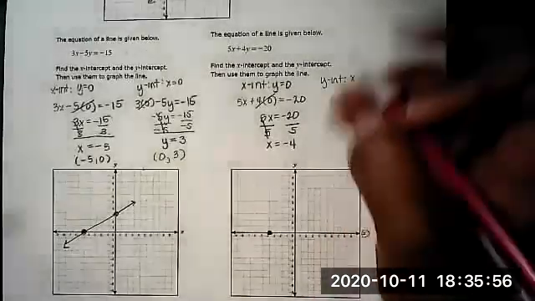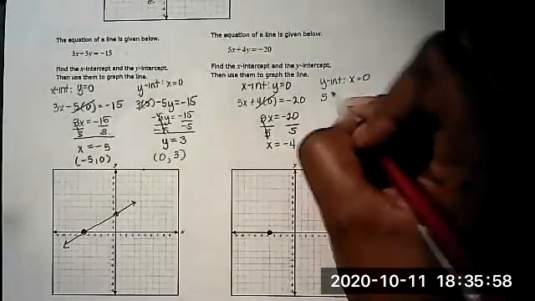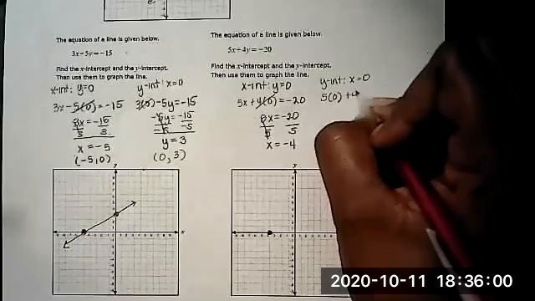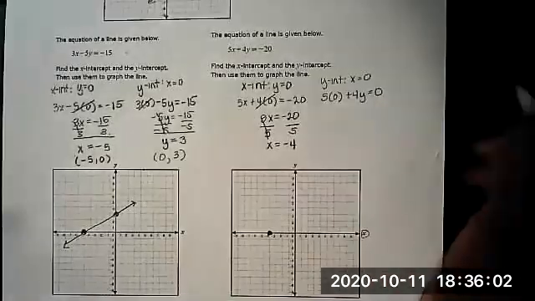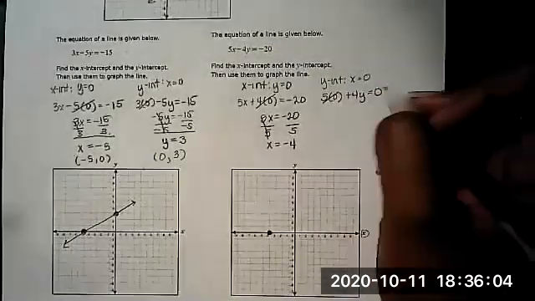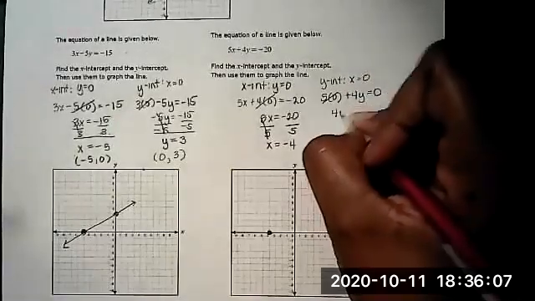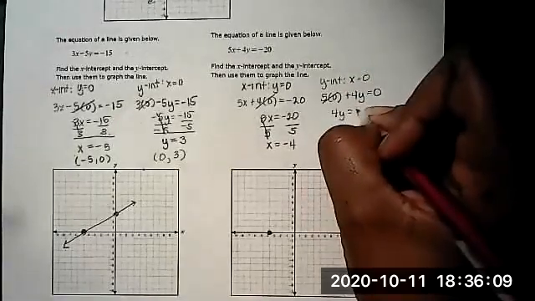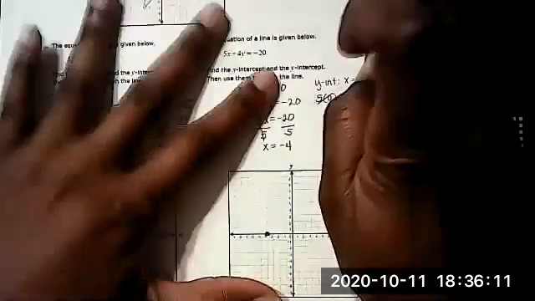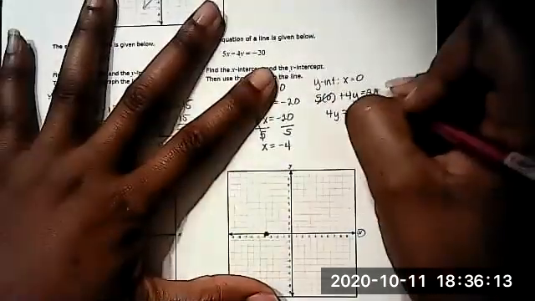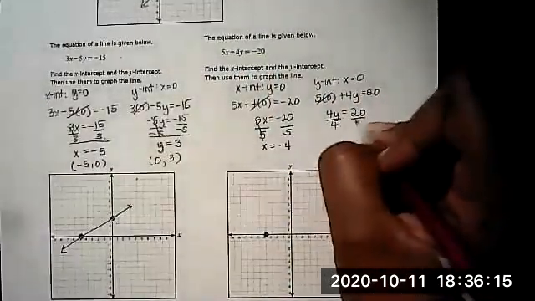Okay. For your y-intercept, you're going to make x 0. And then that kind of goes away because it becomes 0. And this is 4y equals negative 20. I don't know why I had 20 right here, but it's negative 20. And then divide by 4 on both sides.